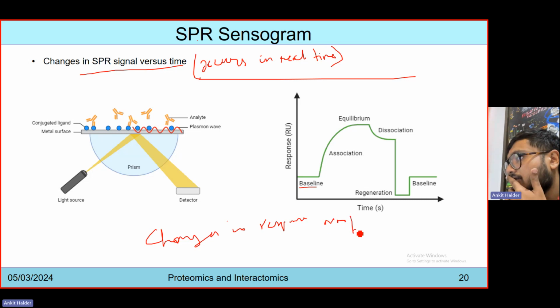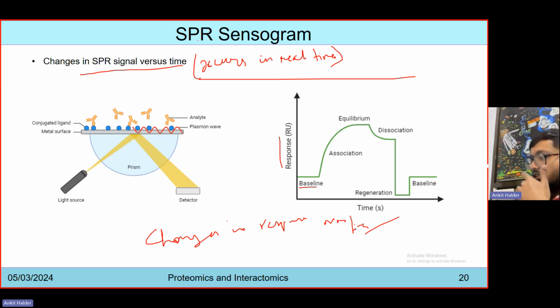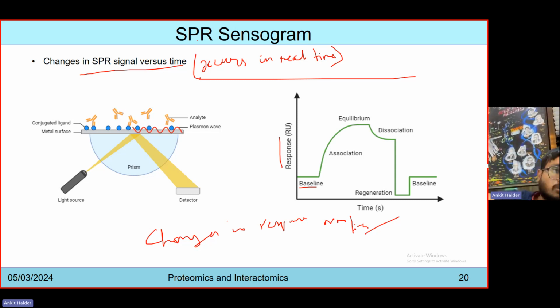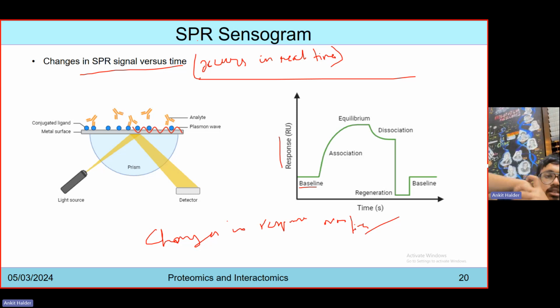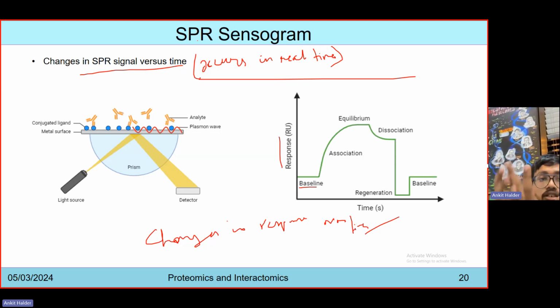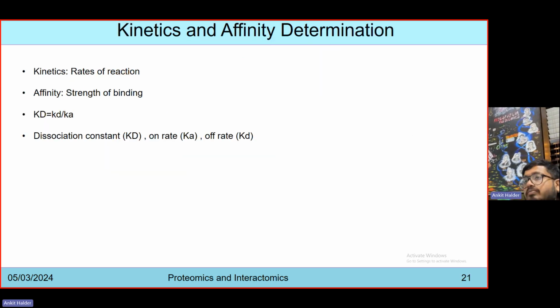In the x-axis is time, and it is the response unit that you are measuring when it is getting absorbed on the surface of this gold chip, which are known as the plasmons, or the special kind of electromagnetic waves that can be generated over certain chips like gold and silver.